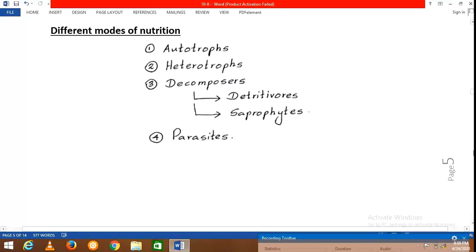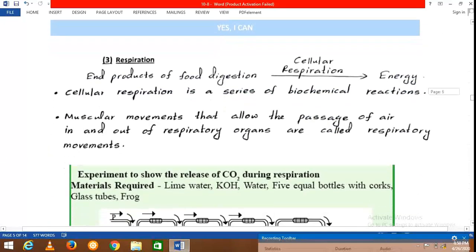So far we have discussed cellular organization and nutrition. Then we'll move on to respiration, the process by which we obtain energy. You learned that during nutrition we obtain the materials required to sustain life.